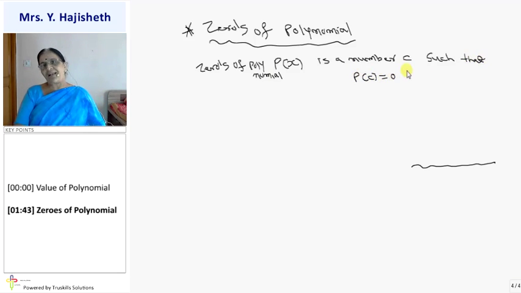By putting x is c, my p(x) takes value 0. When value of polynomial at x is c is 0, then x is c is called zeros of a polynomial.